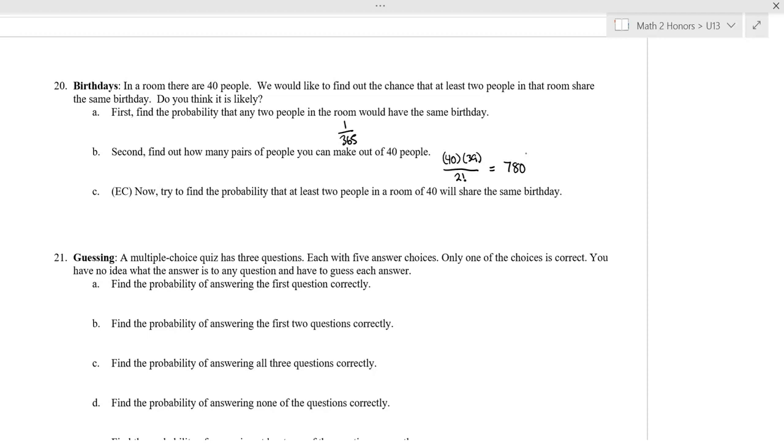Alright, so now we got some extra credit here. Try to find the probability that at least two people in a room will have the same birthday. Okay, notice the "at least."